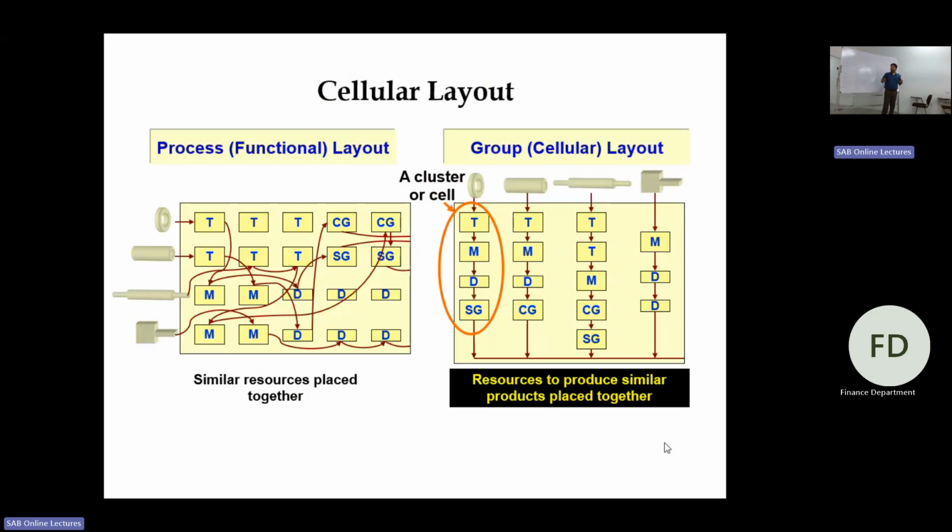They are producing 4 different products flexibly. Not only one product, but 4 different products in this setup. So this is called a process-oriented layout or functional layout. They are producing these 4 products using the same layout.